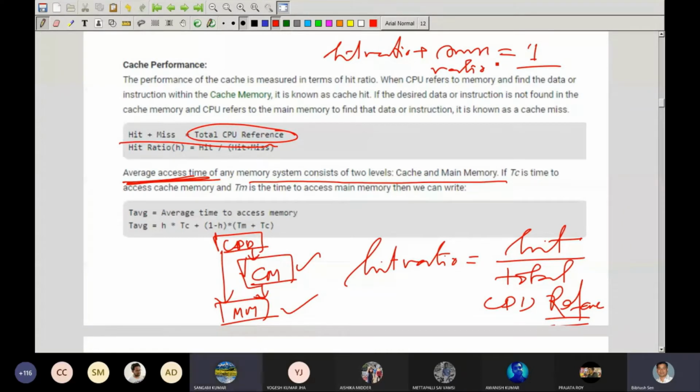But total CPU references is the number of times you are accessing the cache memory, or the total number of pages required to be accessed while the CPU is executing a process. That number of pages depends on the process size, page size, or whatever process is running at that time and how many pages need to be accessed. So that value is different for each process.